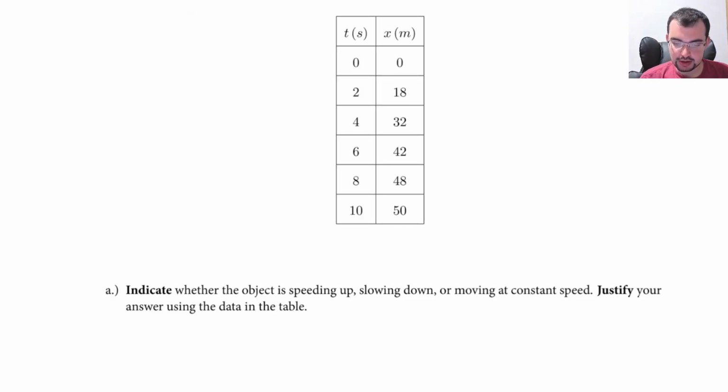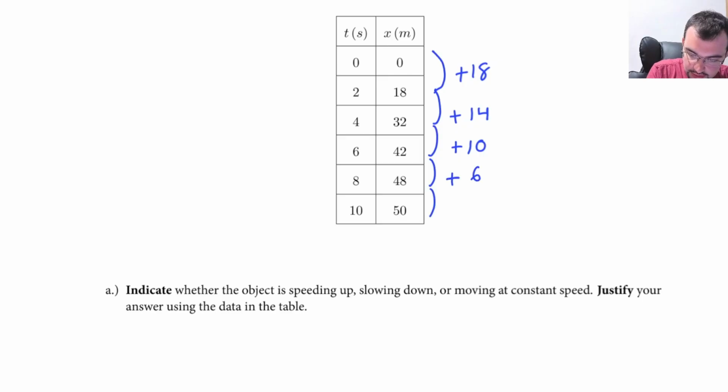Well, we said we could determine it from the table below by looking at gaps. So this is plus 18, this is plus 14, this is plus 10, this is plus 6, this is plus 2. So what does this tell us?